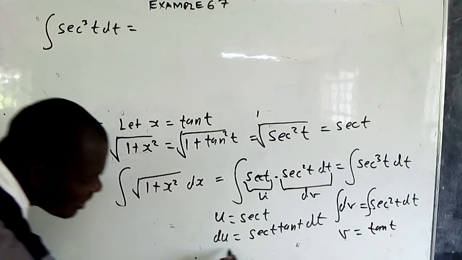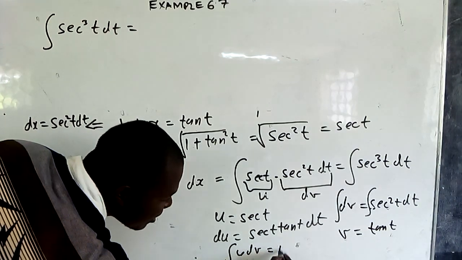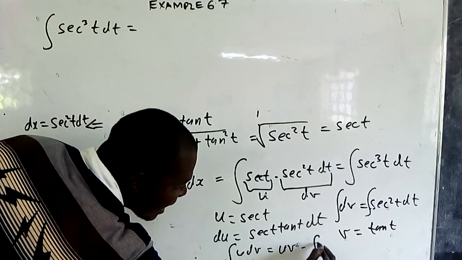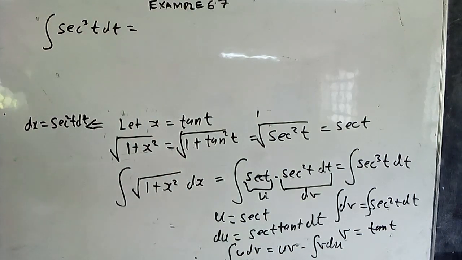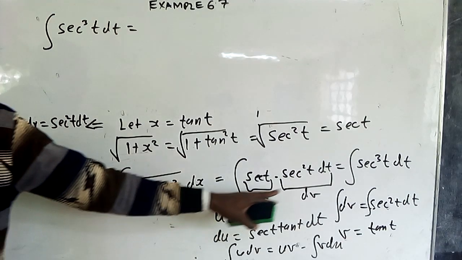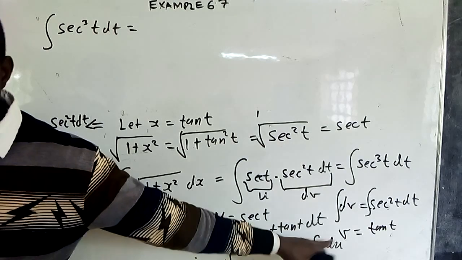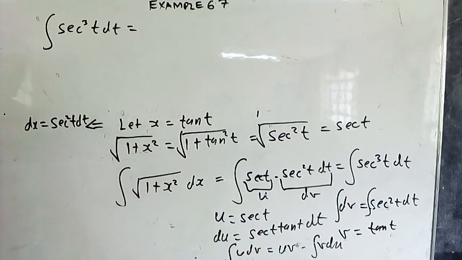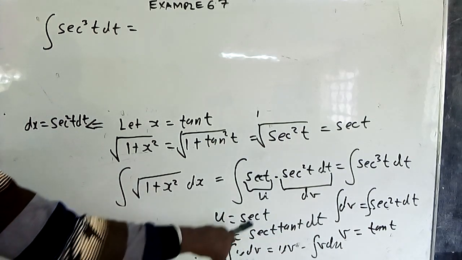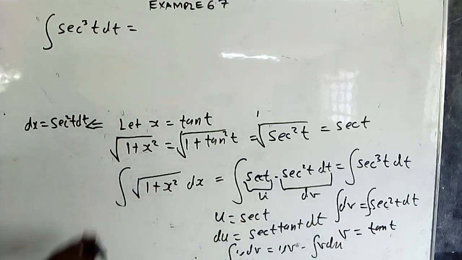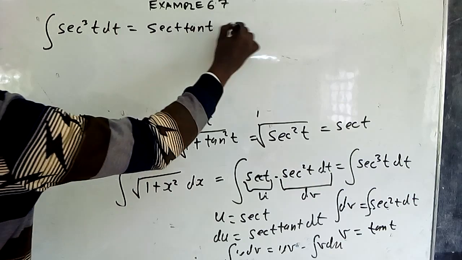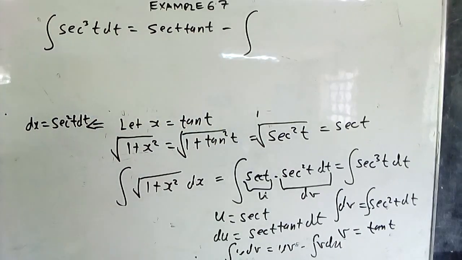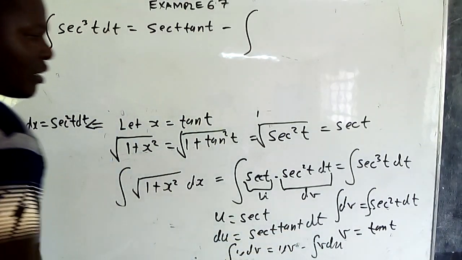So what do you know? If you are integrating u dv, you are supposed to get uv minus the integral of v du, integration by parts, isn't it? Are we together? So what do we have? u times v, sec t times tan t, you get sec t tan t, then minus the integral of what? v du.